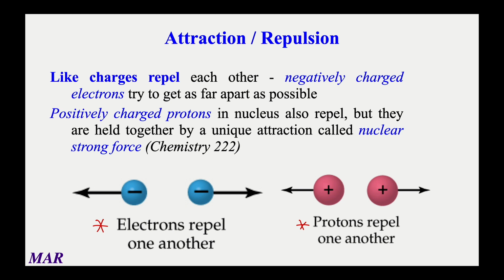But there's also another type of force here, called the nuclear strong force. We'll talk more about that in Chemistry 222, but the nuclear strong force also helps keep those protons next to each other. But for our conversation right here, like charges repel. Electrons and electrons get away from each other, protons and protons get away from each other, but opposites attract, so positives to negatives. Cool.